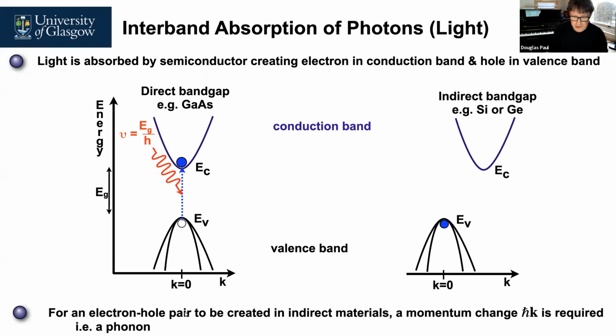When we've got silicon, the bottom of the conduction band and the top of the valence band have a difference in this wave number. So this h bar k, Planck's constant divided by 2 pi, times the wave number of the electron, this h bar k is a momentum change.